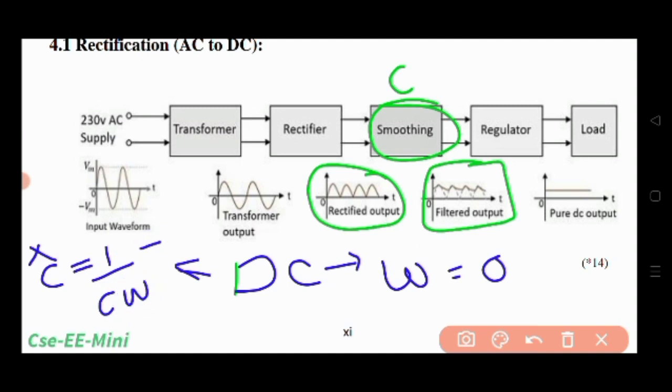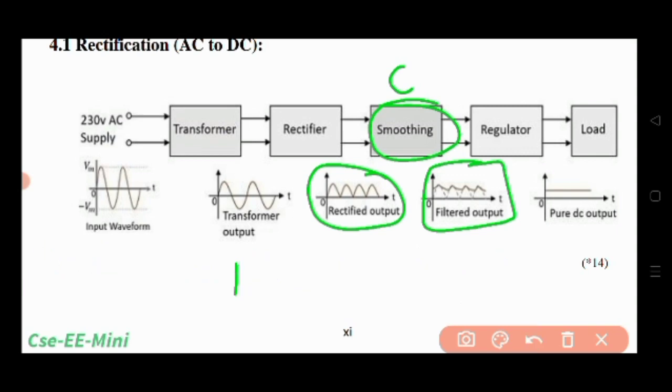So omega is 0 and it will result in infinite resistance. So only the DC component will flow through the circuit and the AC component will go through the capacitor, and in this way we will get the regulated voltage in the filtered output. That's why when we add a capacitor in a circuit, we call it a filter circuit.